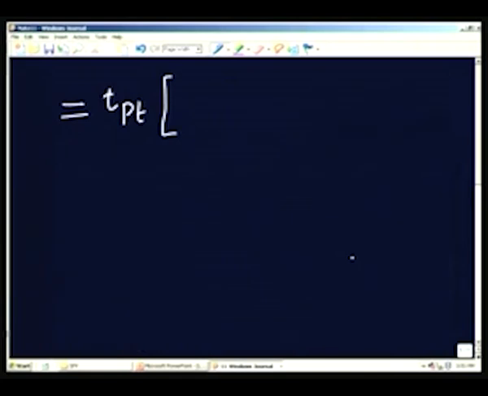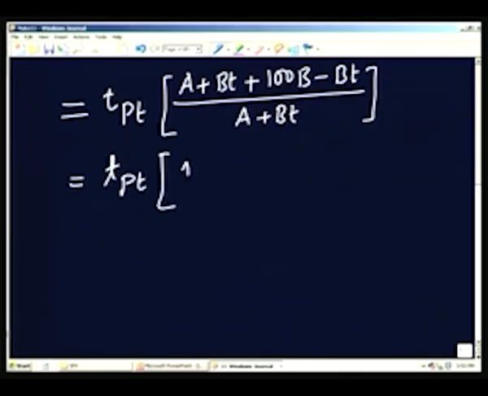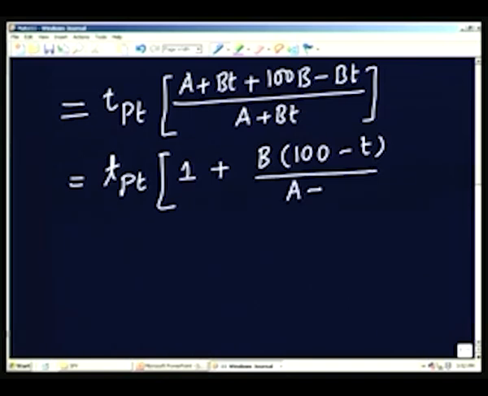So, this becomes A plus BT plus 100 B minus BT divided by A plus BT, and this gives you 1 plus B into 100 minus T divided by A plus BT.